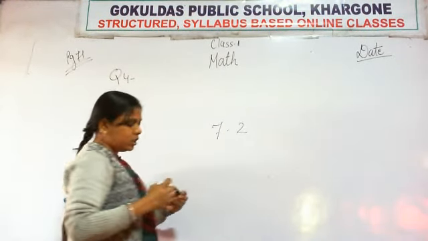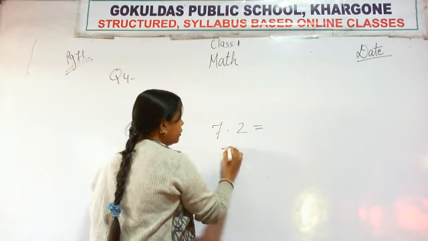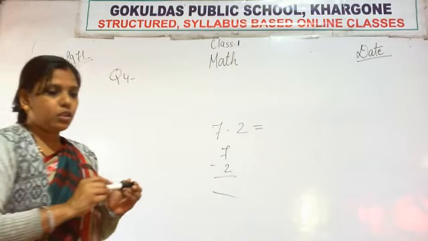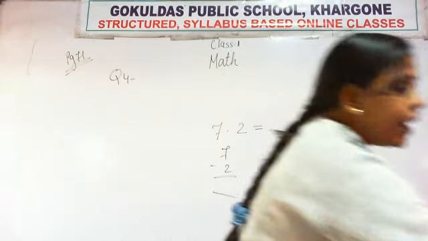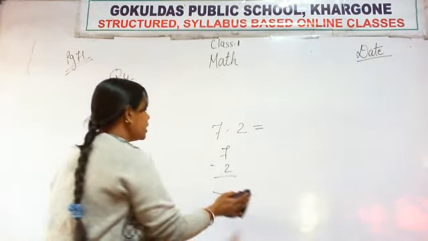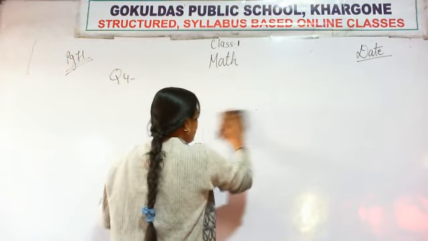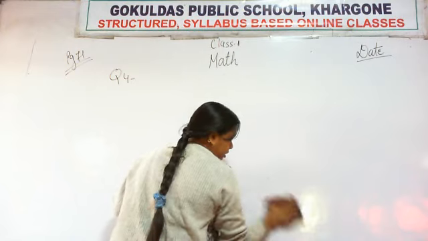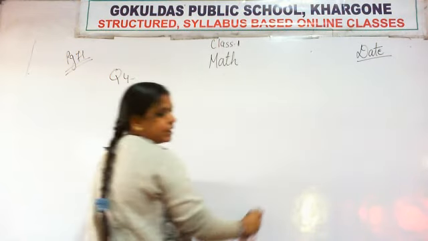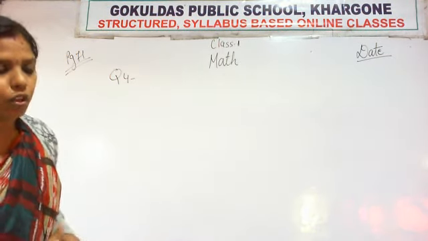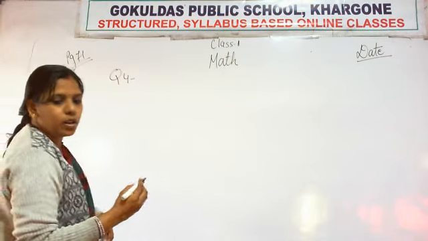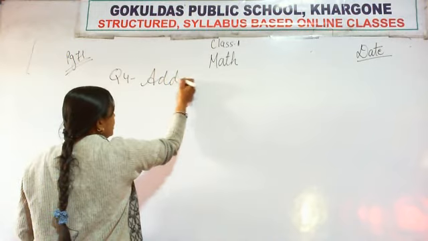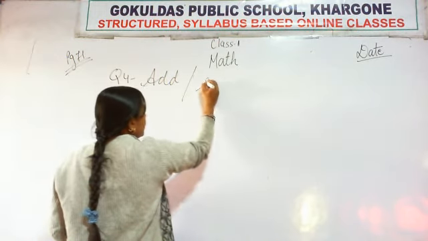This is known as horizontal, and if the question is written in this form, this is known as vertically. In this question number 4, addition and subtraction questions are given vertically. So, no difference. The solving method is the same for both.